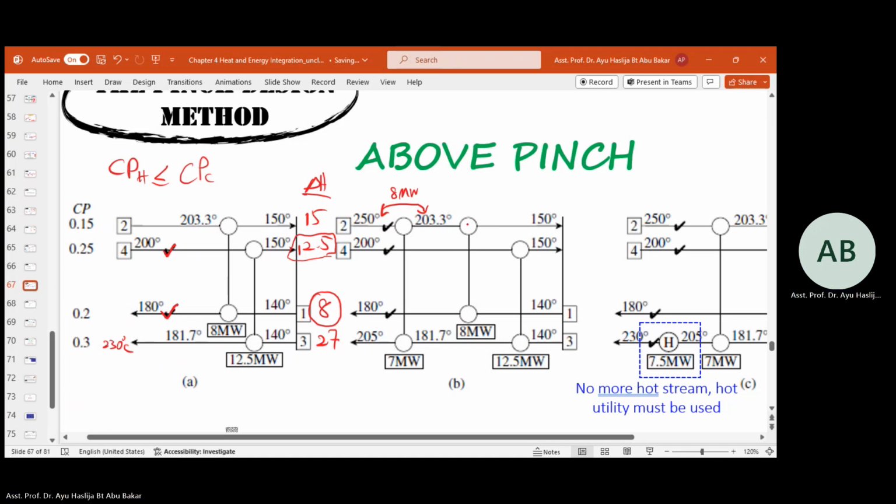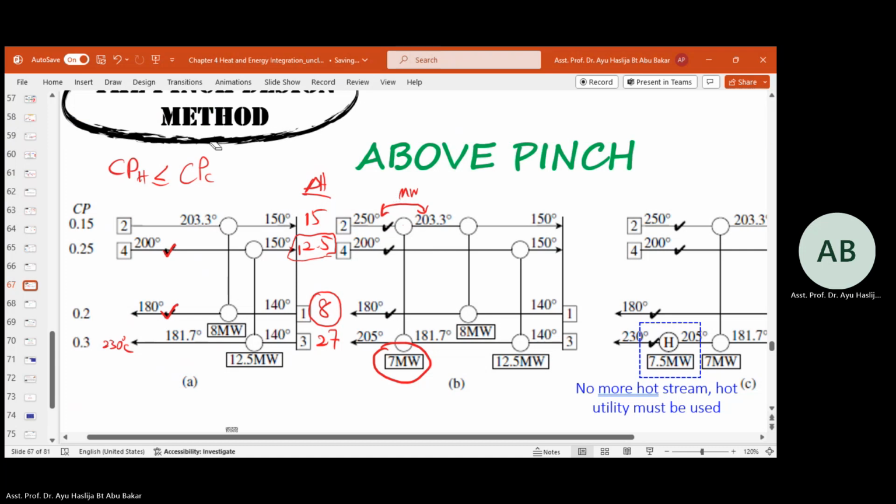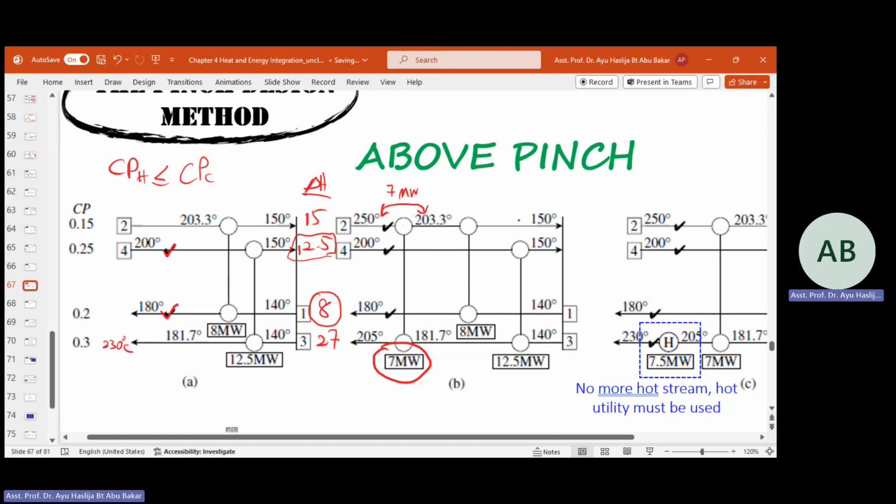So it gives out that 7 megawatt to stream 3. Just now, in the initial part, it gave out 8 megawatt to stream 1.